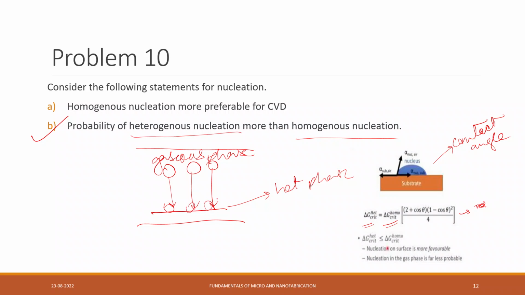This is not a favorable condition, as we want a thin film on the surface, not dots or clusters of silicon here and there. So homogeneous nucleation is not favorable for CVD for getting a thin film deposition.